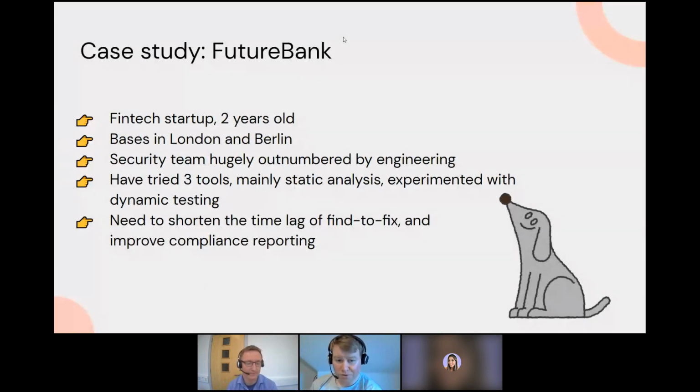They've tried a couple of tools, mainly static tools, and they've experimented with a couple of dynamic projects, but the main drive of their AppSec program is to shorten how long it takes to find and to fix security vulnerabilities. They're currently found very late in their process, and they've got increasing compliance burdens to satisfy around how they are covering the regulations that they're subject to and how they're improving that over time.